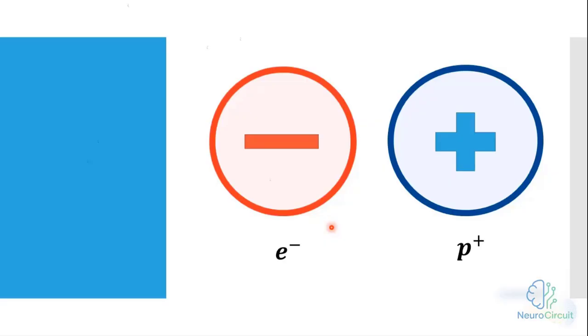It's enough to say that there are two tiny particles that make up atoms. What does that mean? It means that this electron here and this proton are two tiny particles that make up our atom and carry electric charge. The electron has a negative electric charge, and the proton has a positive electric charge. So we have two types of charge, positive charge and negative charge.